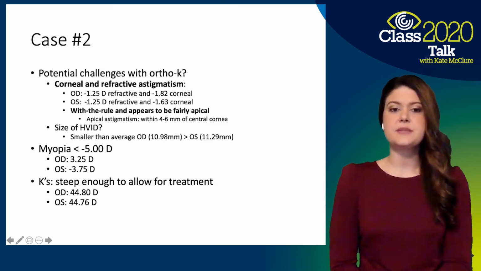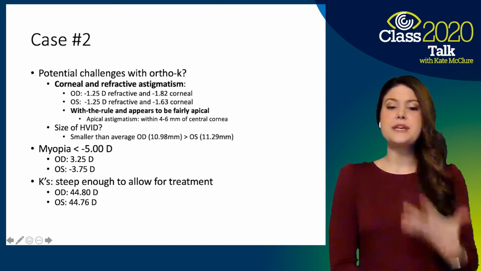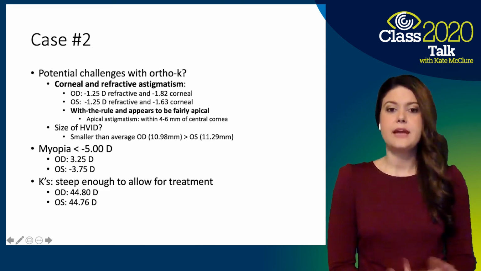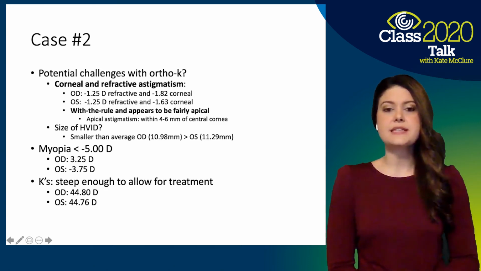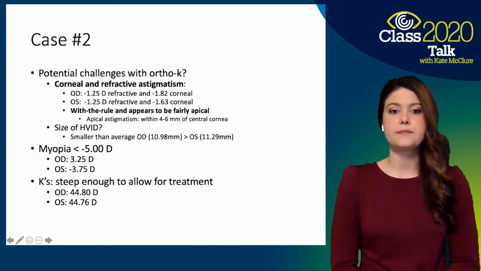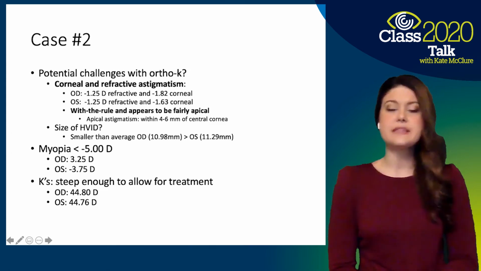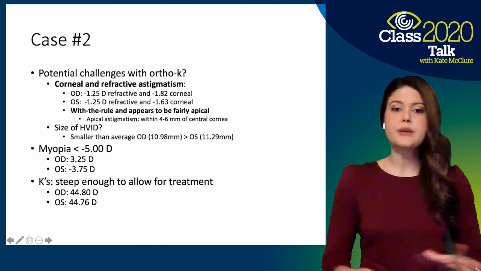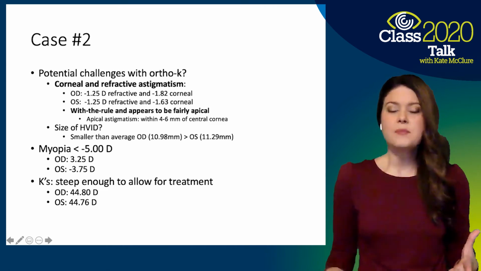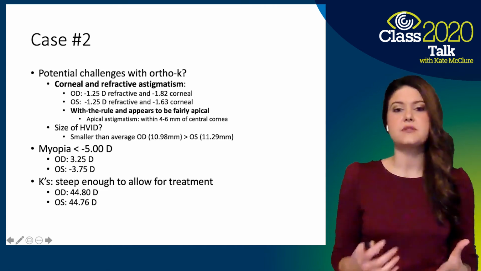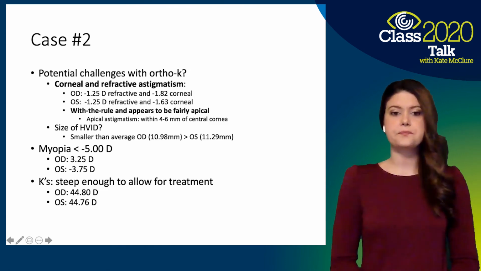Once again, the astigmatism is with the rule and appears to be fairly apical. Apical astigmatism is contained within the central 4 to 6 millimeters of the cornea. That's different than limbus to limbus astigmatism, which is going to extend almost limbus to limbus outside of that central 4 to 6 millimeters.